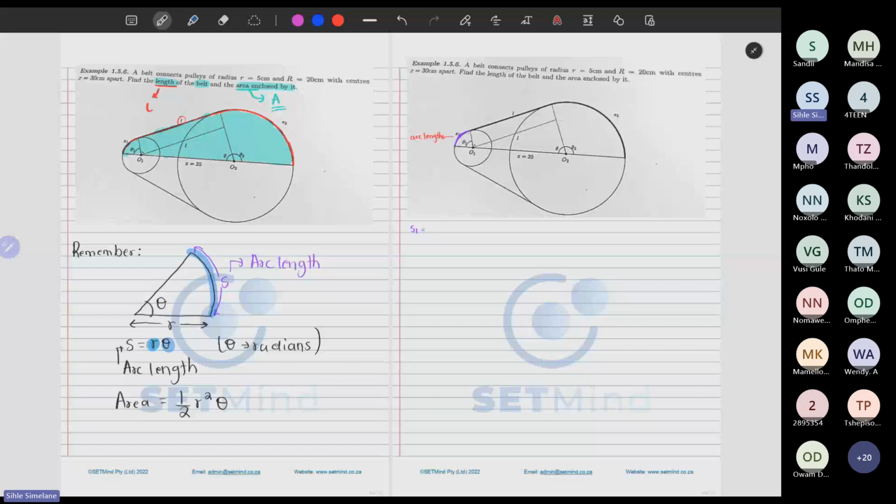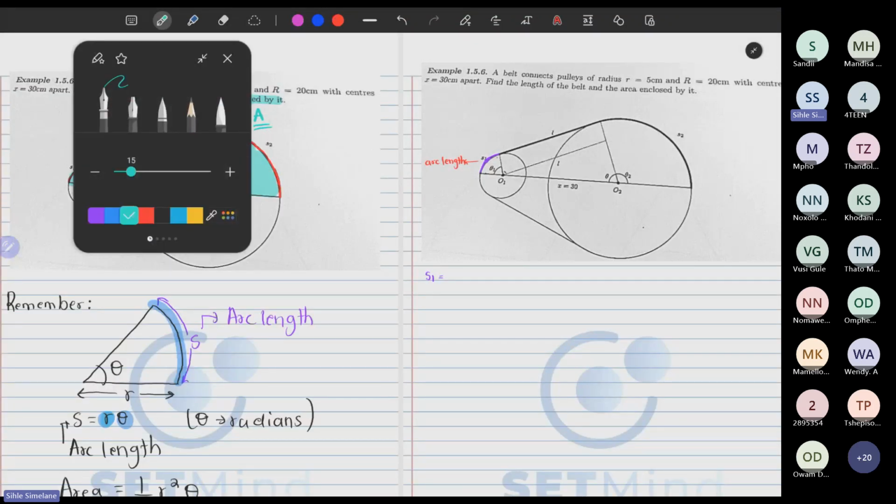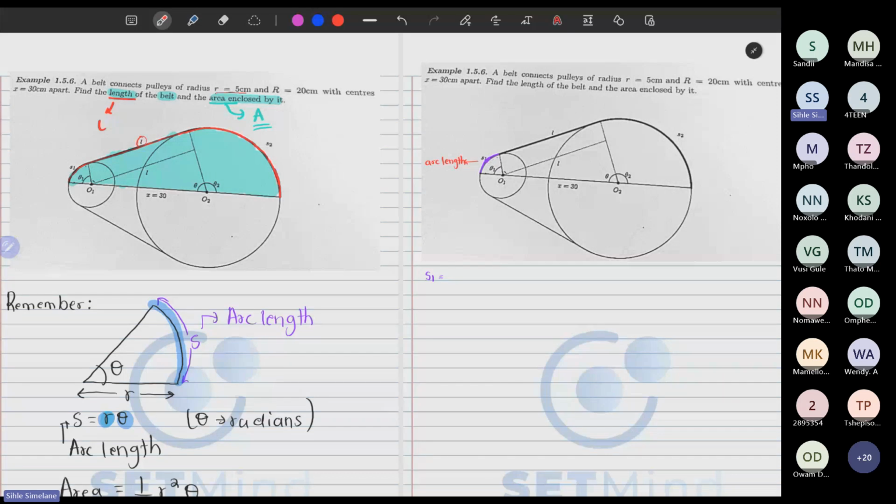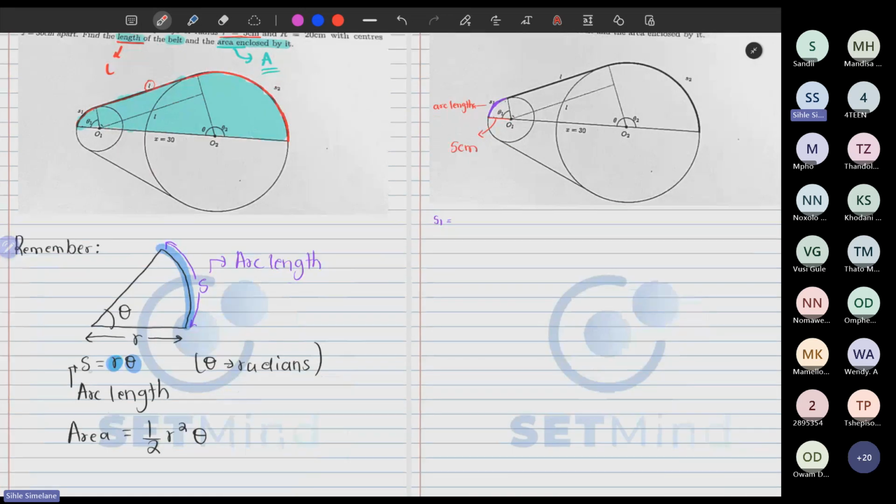Let's do exactly that. If you look carefully here, the radius of the small circle is 5 centimeters. So the radius from there to here is 5 centimeters. And the arc length formula says multiply the radius by the angle and you will be sorted.